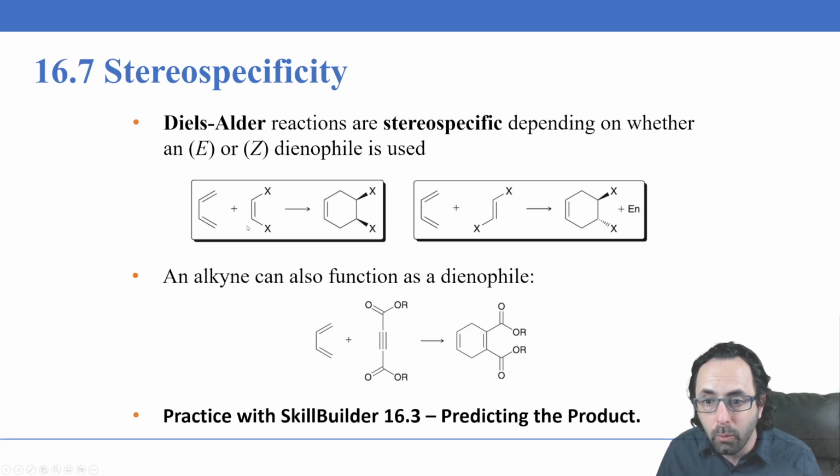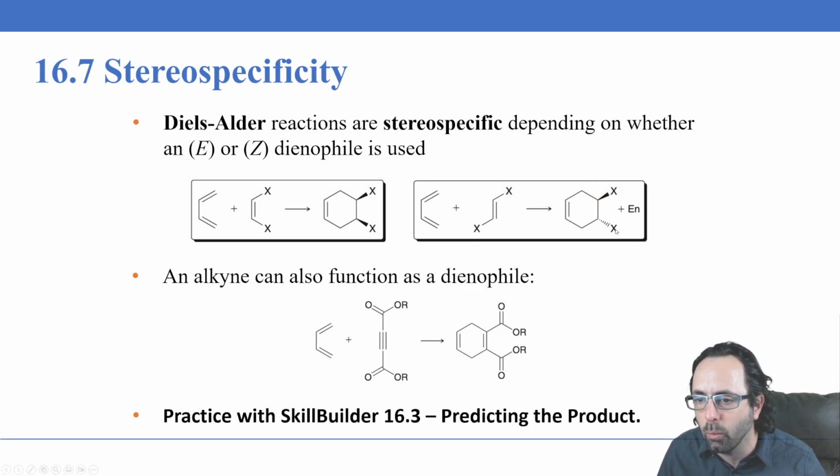In addition, when this reaction occurs, if we have electron withdrawing groups here, or whatever attached groups here, if these are in the cis position, we'll get a syn type of addition where the two groups end up on the same side of the ring that is produced. However, if the dienophile here has trans positions on these two electron withdrawing groups, then the result will be an anti-type addition to the ring, in which they are on opposite sides.